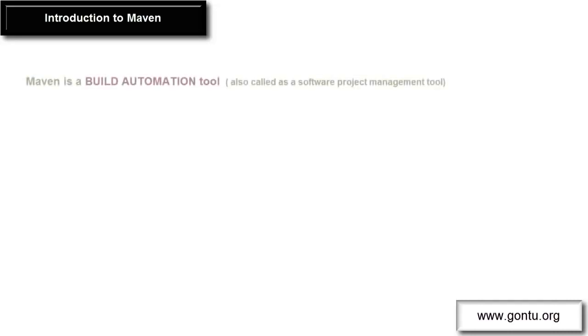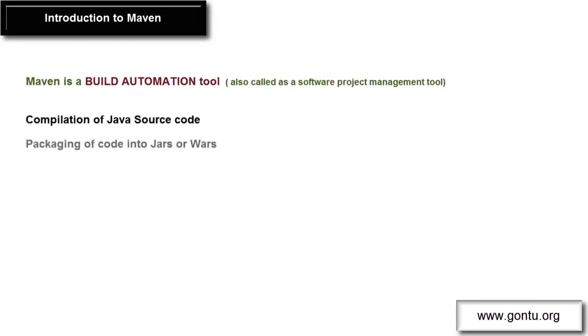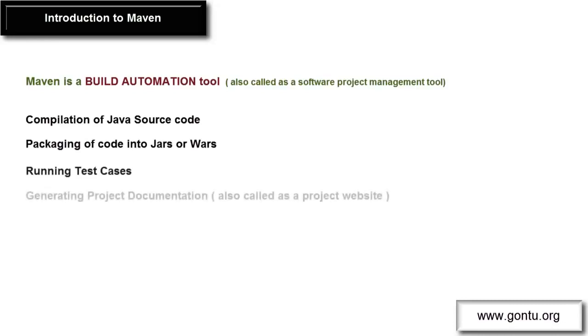Maven is a build automation tool used by developers all over the world to automate some important tasks in a Java-based project, like compilation of Java source code, packaging of code into jars or wars, running test cases, generating project documentation, generating project reports, along with many other important features which I would cover later.